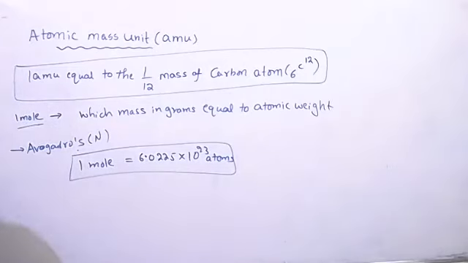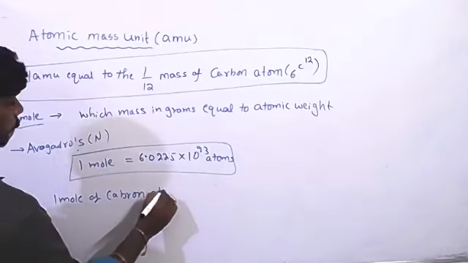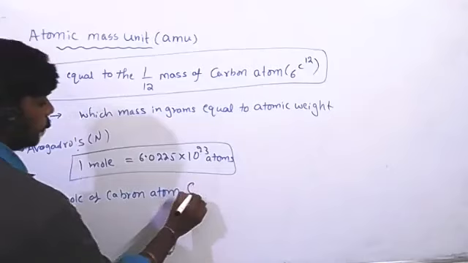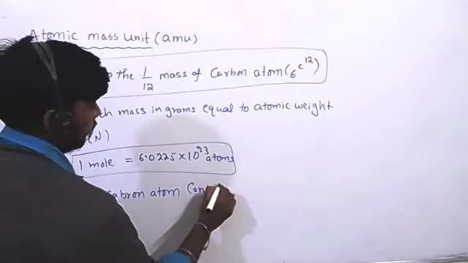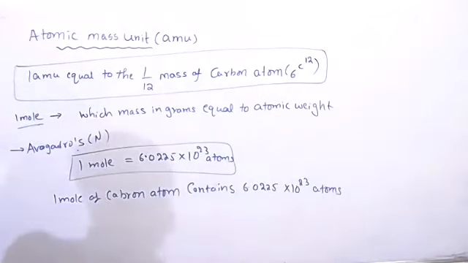So imagine like that. 1 mole of carbon atom contains this many atoms, 6.0225 into 10 to the power of 23 atoms. 1 mole of carbon atom contains this many particles.